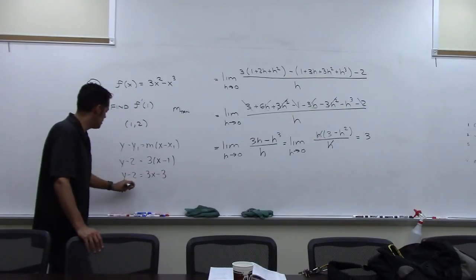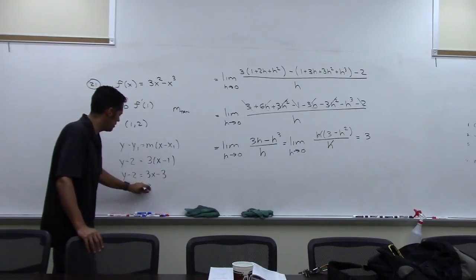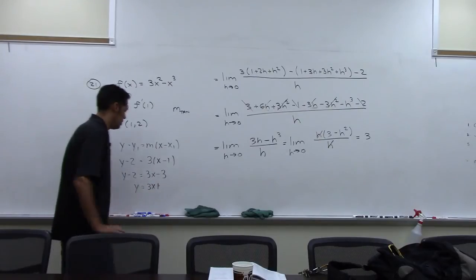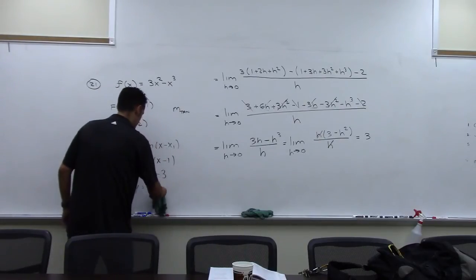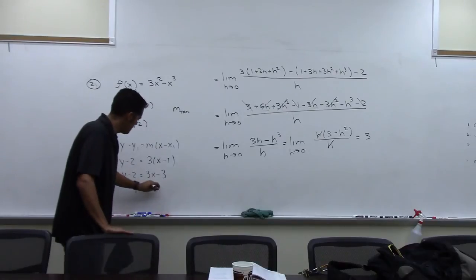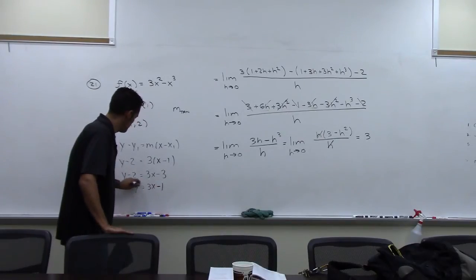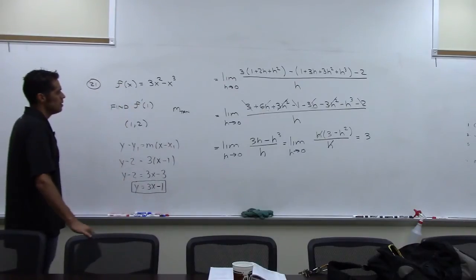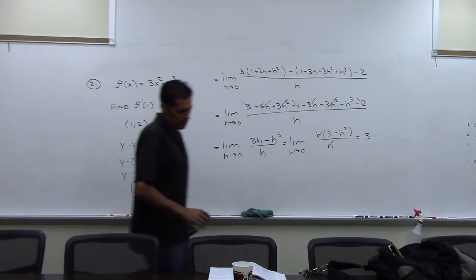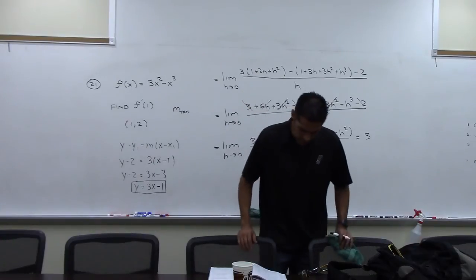And add 2 to both sides, y equals 3x plus minus 1. There we go. All right, that's it for number 21.